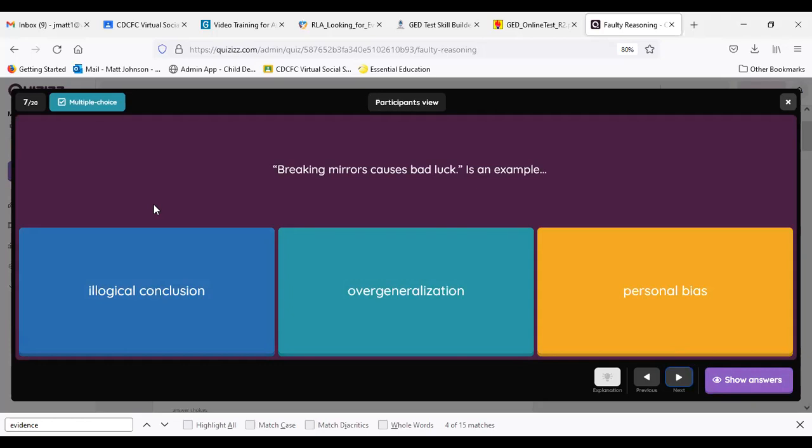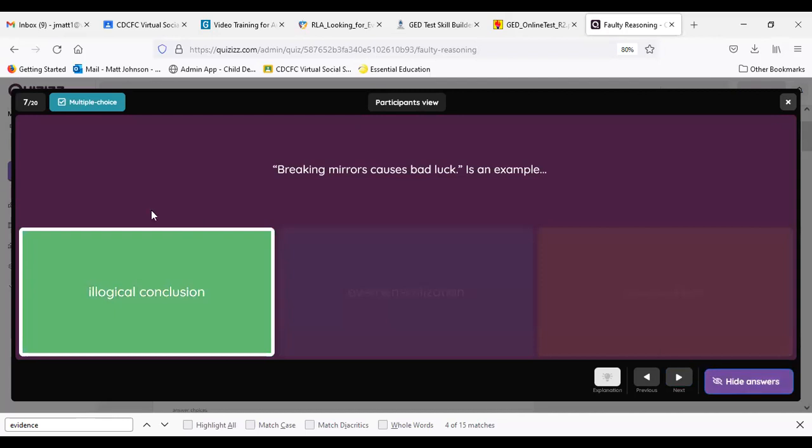All right, Grace. They all seem correct. Logical conclusion. I'll go for A. Yeah, the last one should be. It's an illogical conclusion, right? Breaking mirrors causes bad luck.